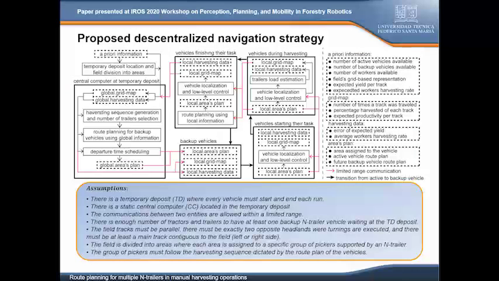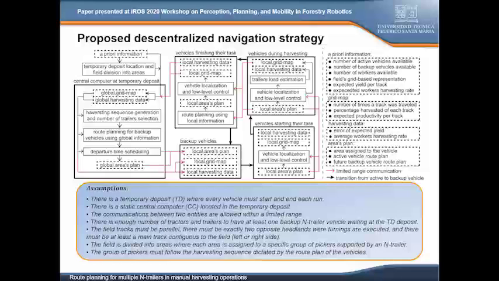In this context, this paper proposes for the first time a high-level navigation strategy to manage and supervise a fleet of robotic tractor and trailer vehicles during manual harvesting operations. The proposed strategy is summarized in this scheme and considers a combination of global planning that produces initial routes using a priori knowledge of the workspace, but also local planning that recalculates routes according to new information available about the changes in the workspace and harvesting rate.